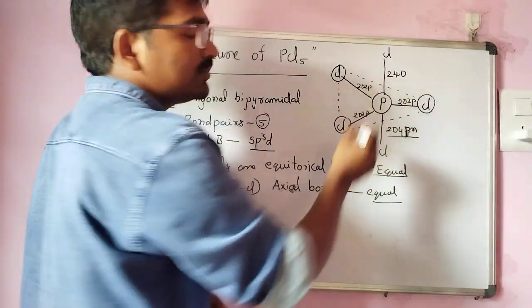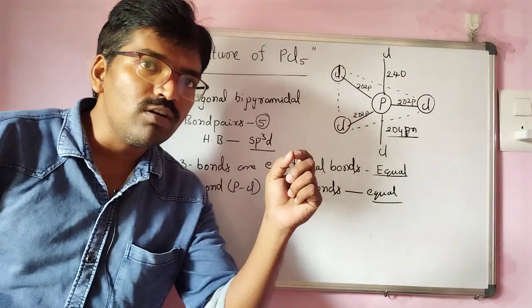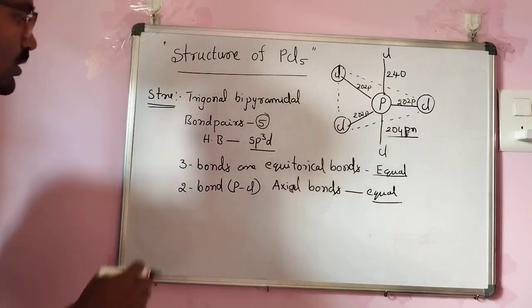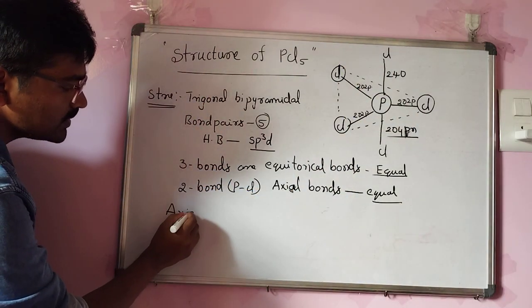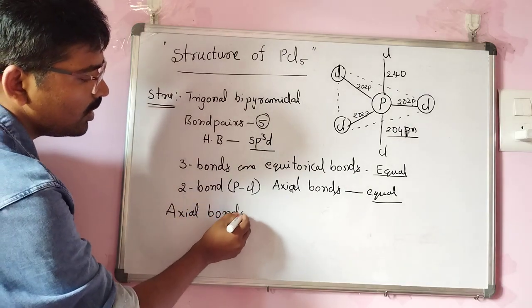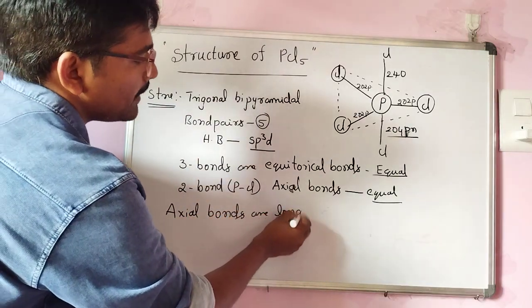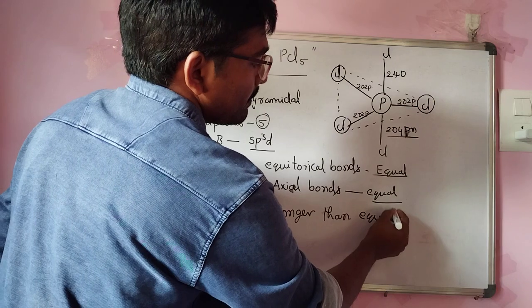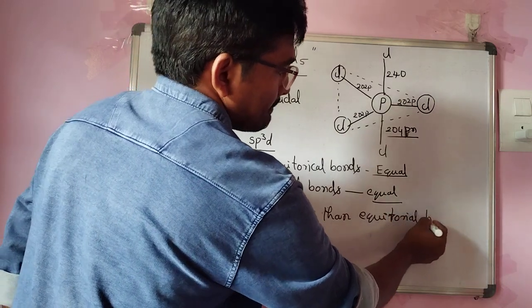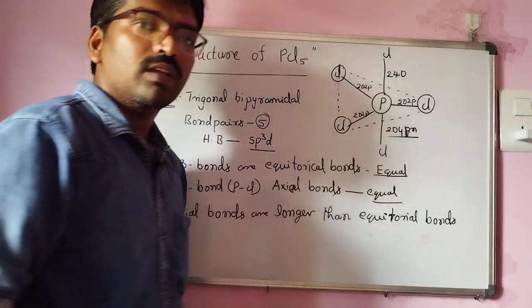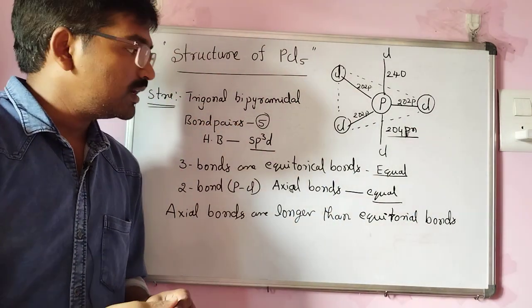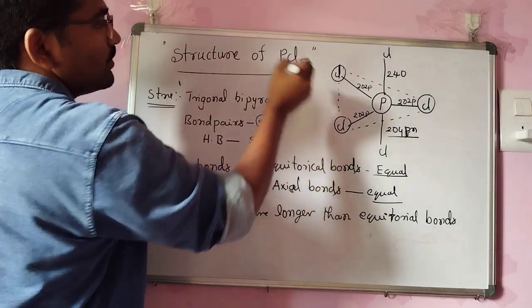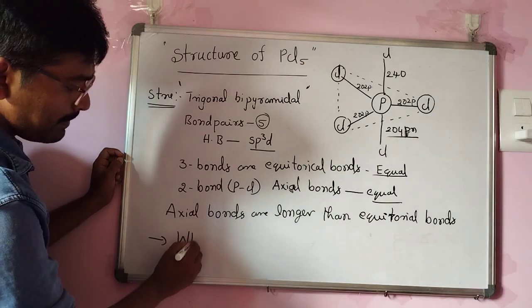So we can say axial bonds of PCl5 are always longer than equatorial bonds.